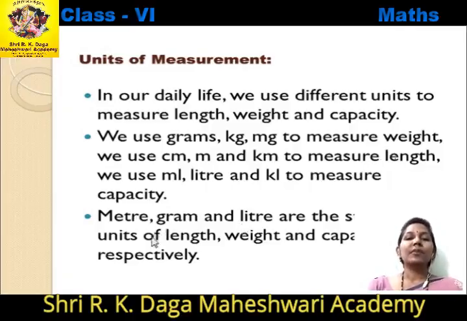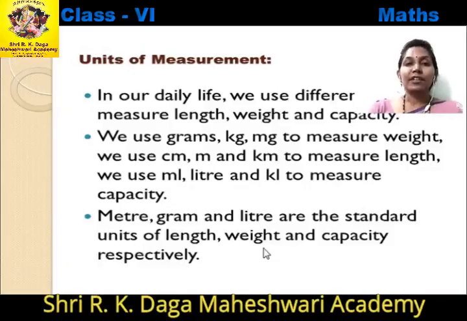We use milliliter, liter and kiloliter to measure capacity. Some of these units are standard units. Like meter is the standard unit of length, gram is the standard unit of weight, and liter is the standard unit of capacity.